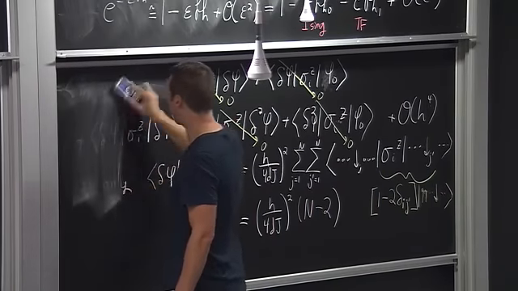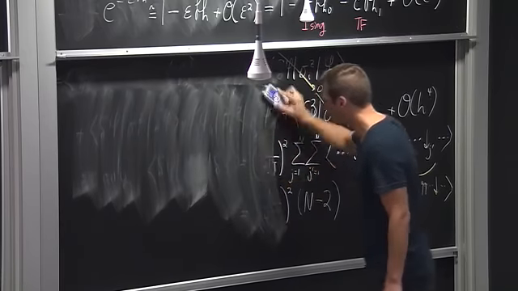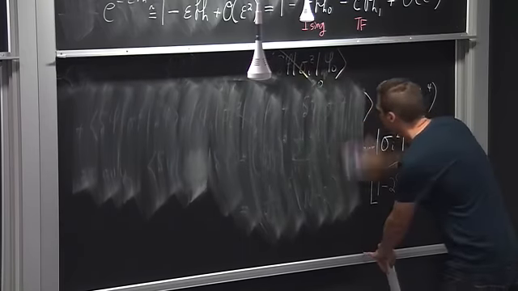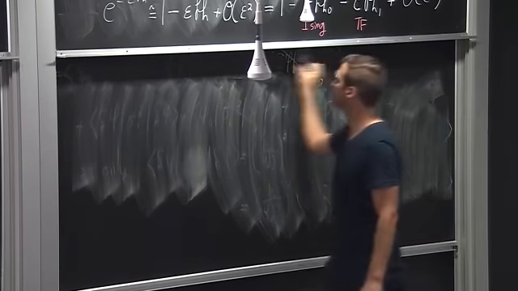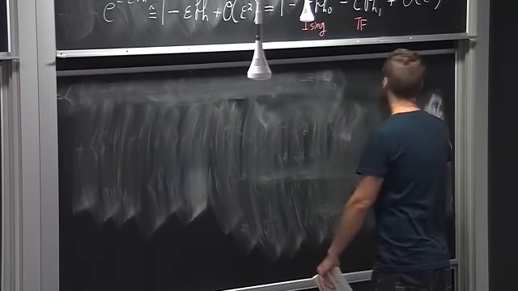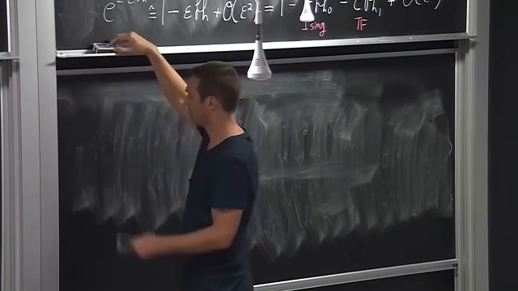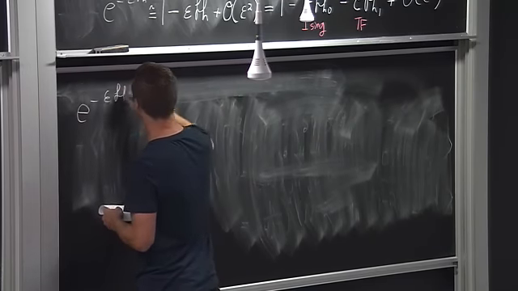And then I can essentially factor that expression into two terms in a product. So, e to the minus epsilon h.